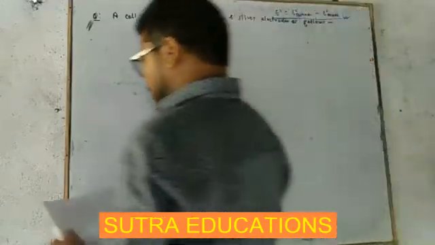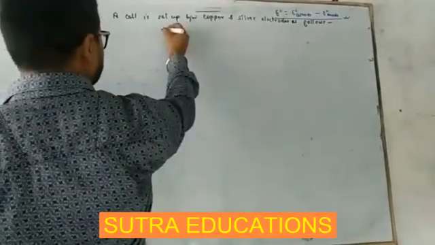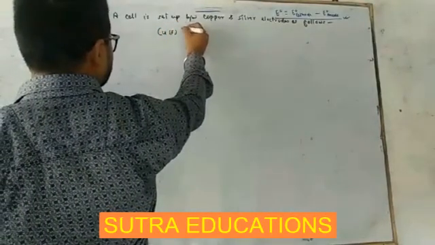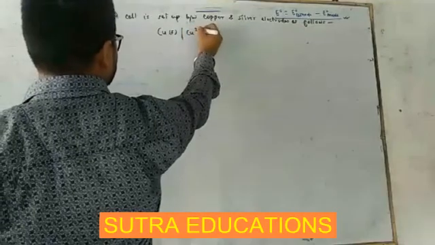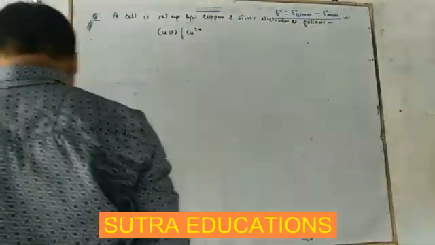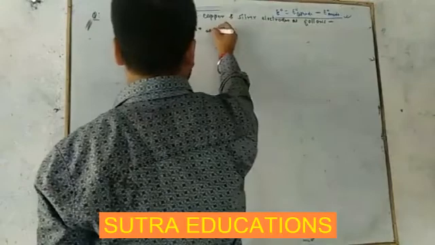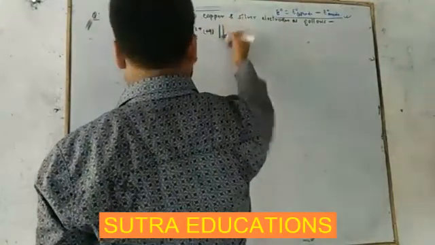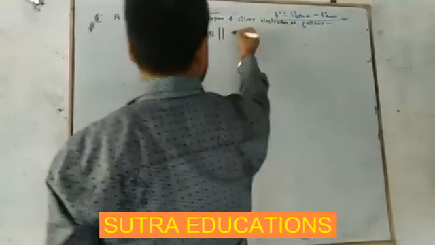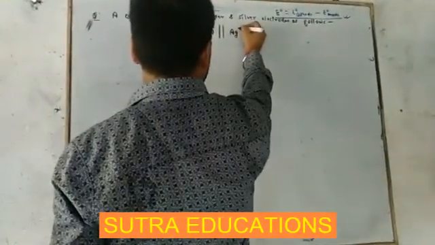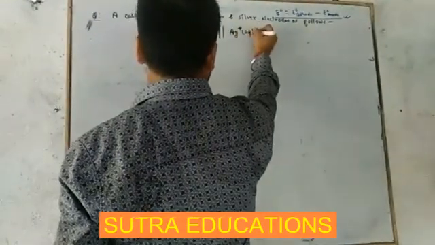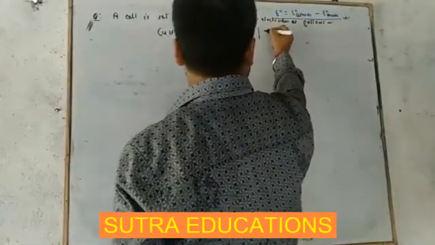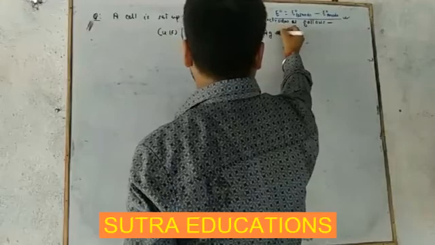Copper solid, copper 2 plus aqueous, separated by double line, Ag plus aqueous, separated by a single line, Ag solid.